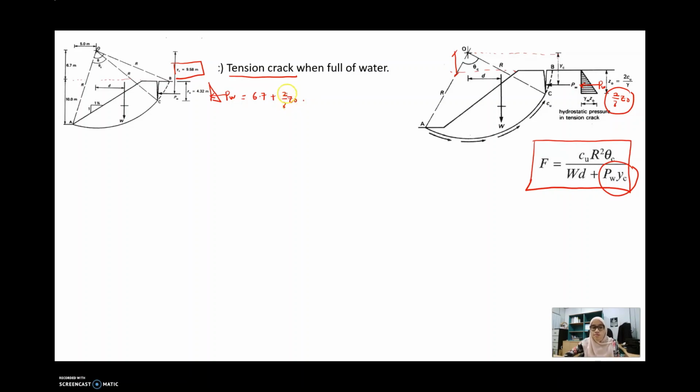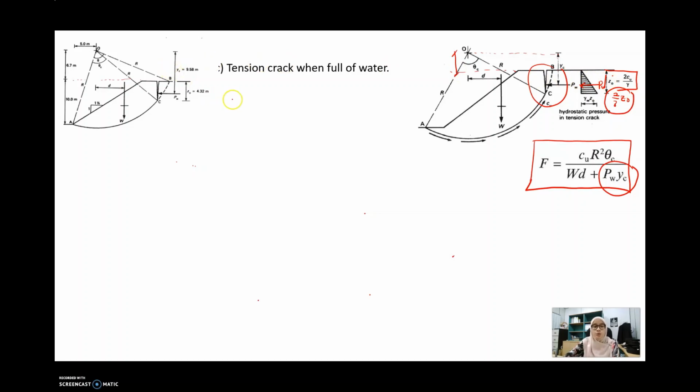But in this example, no need to calculate the PW, no need to calculate the YC because the YC is given direct to you. And if in this question the Z0 is given, but if you are not able to have the value of Z0, you can calculate the Z0 equal to 2 times Cu divided by gamma.